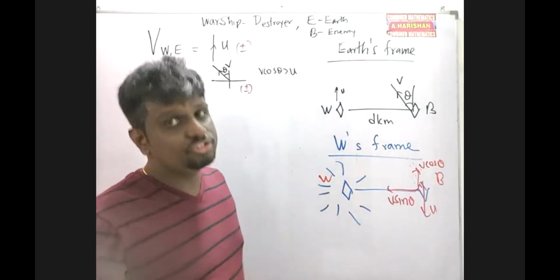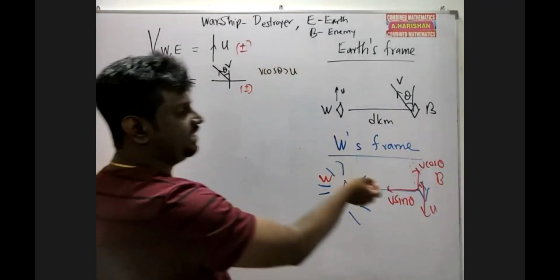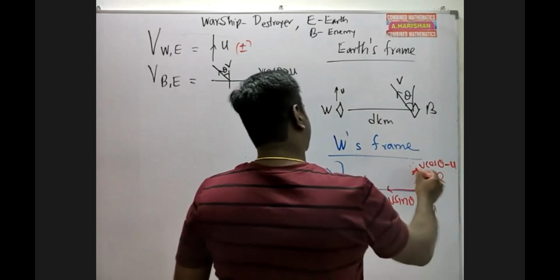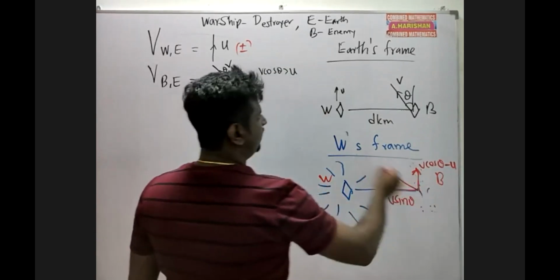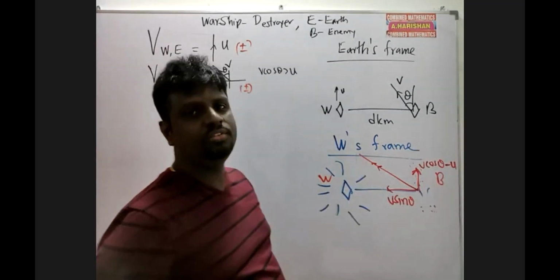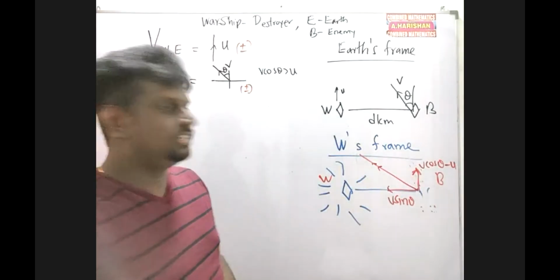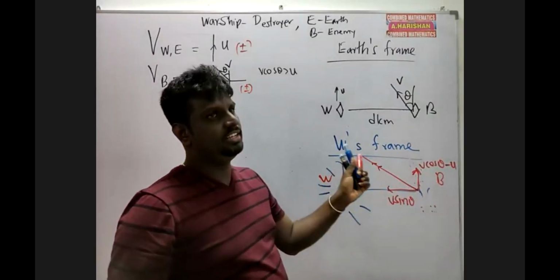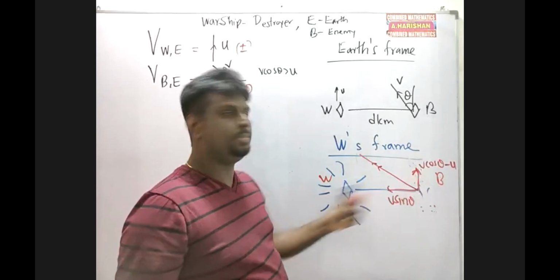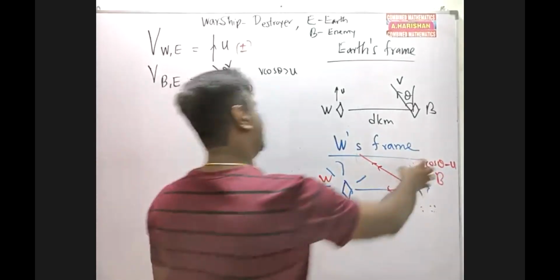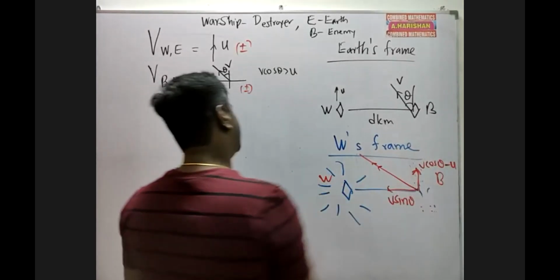But unfortunately in this case, they say V cos theta greater than U. So V cos theta minus U will be there upside, so it's moving in this direction. Is it clear? So that is the meaning of V cos theta greater than U. According to this, B moves in this direction, not down, not coming to us. If V cos theta equals U, definitely this will be 0, so it will come in this direction.